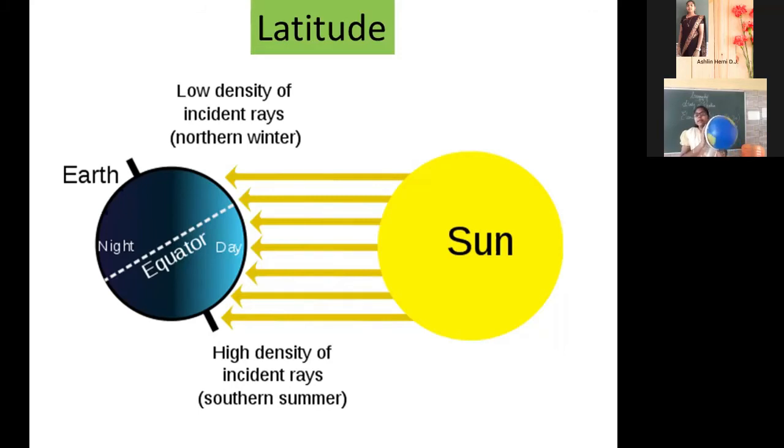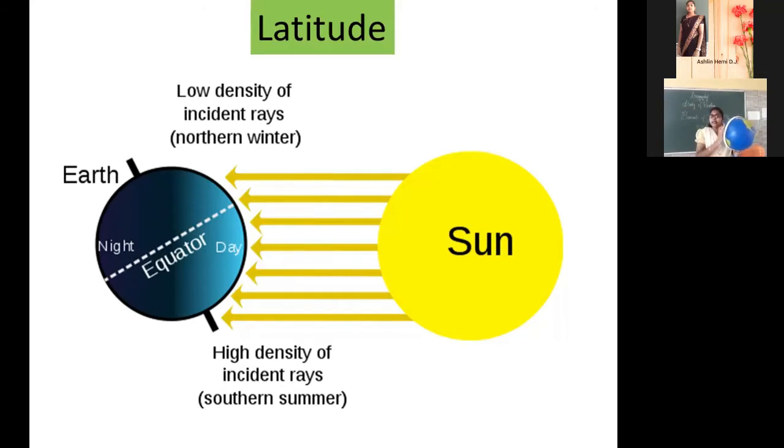Here I have a globe, and just imagine the sun rays directly reaching the equator, the center part. So here we get high temperature.